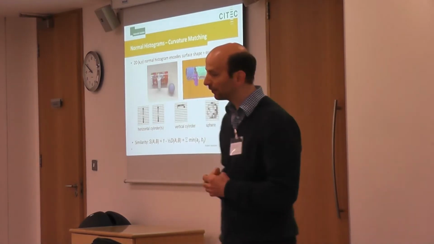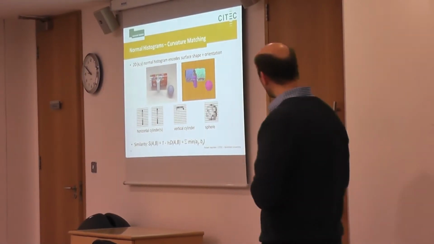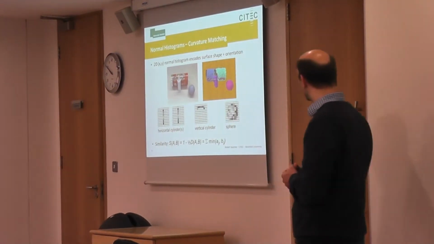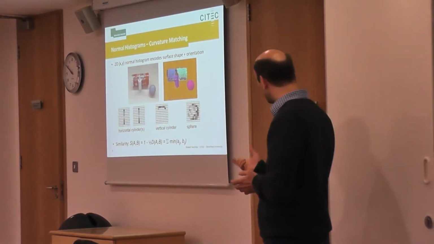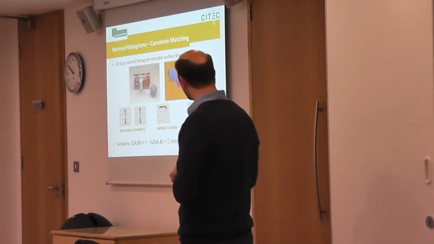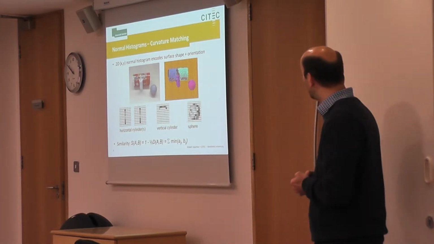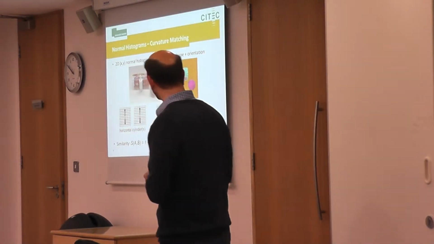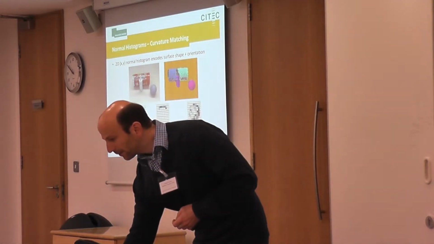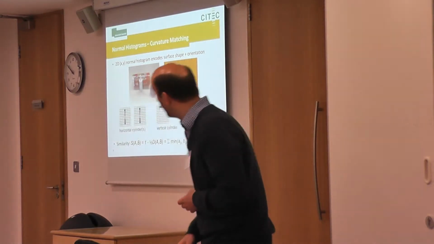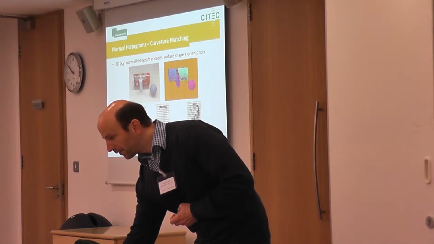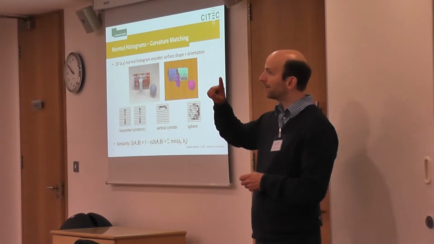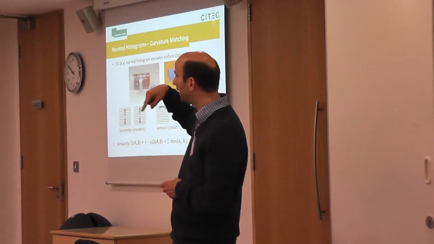So first we compute a so-called normal histogram, computing simply the histogram of x, y normal components into this bivariate histogram, normalizing it. And it turns out that these histograms are very specific for the particular object surface shape and orientation. So if you consider, for example, this horizontal cylinder here, it creates a vertical line in this histogram because all the surface normals change along one axis only.